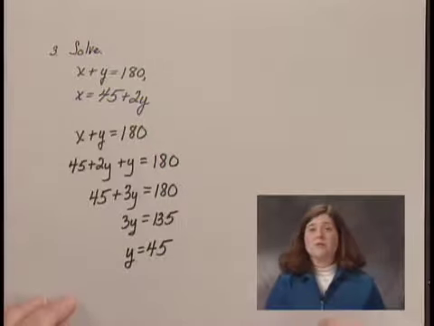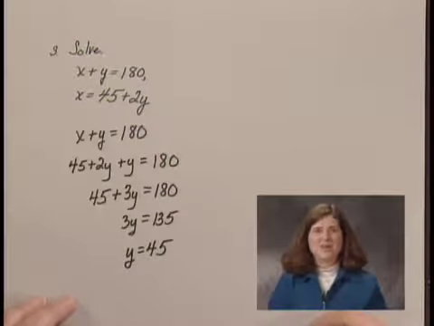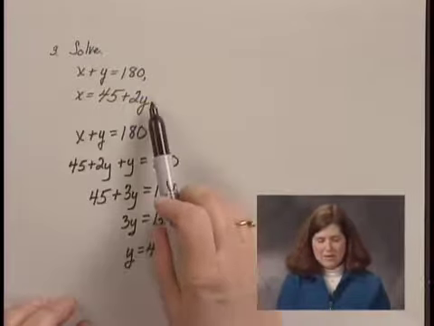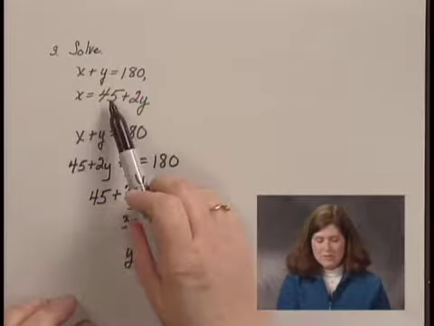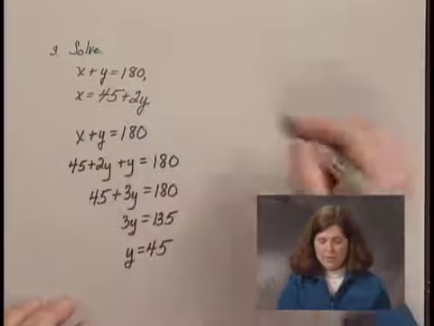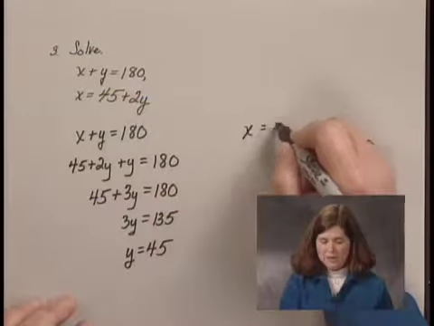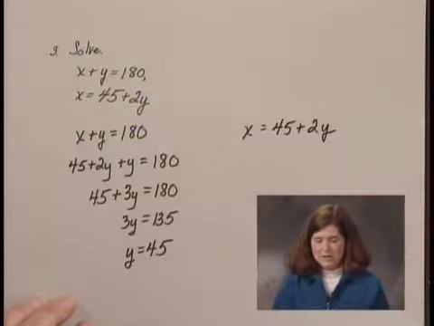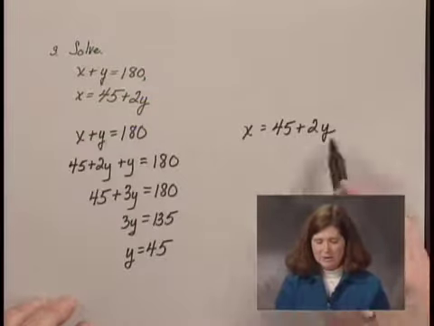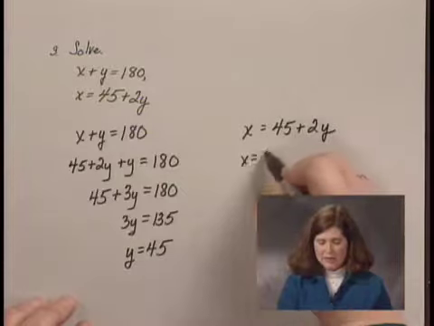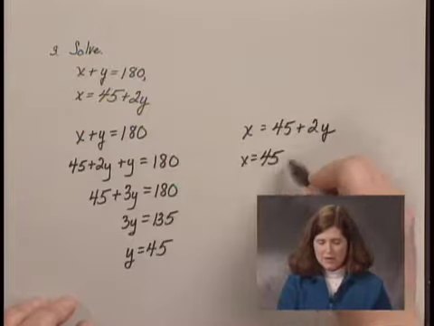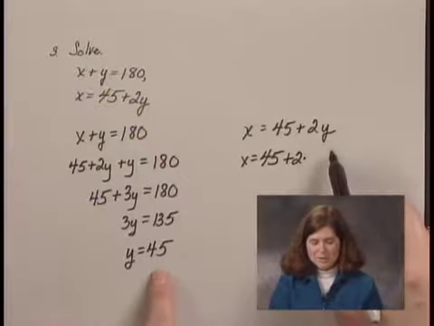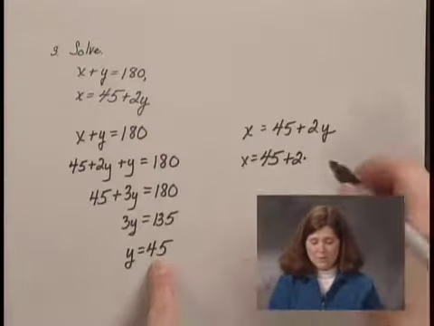This gives me the measure of one of the angles. I need to find the measure of the other one, and that would be x. I see from my second equation that x is 45 plus 2y. So x equals 45 plus twice the measure of the smaller angle, or 2y. x is 45 plus 2 times, now this 45 I'm going to substitute here comes from here. y is 45.